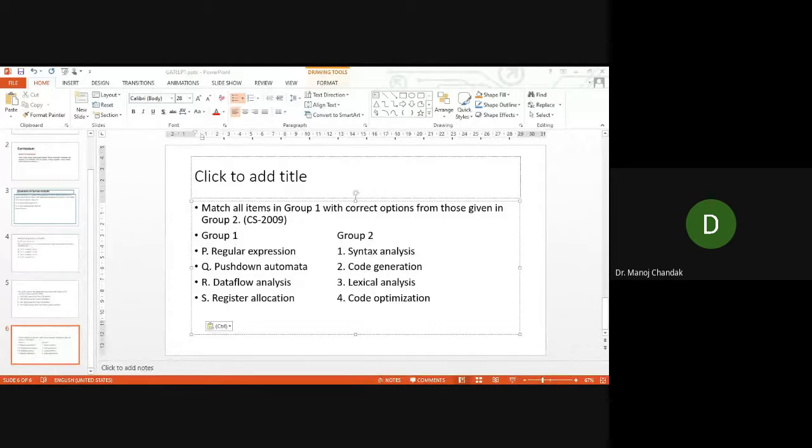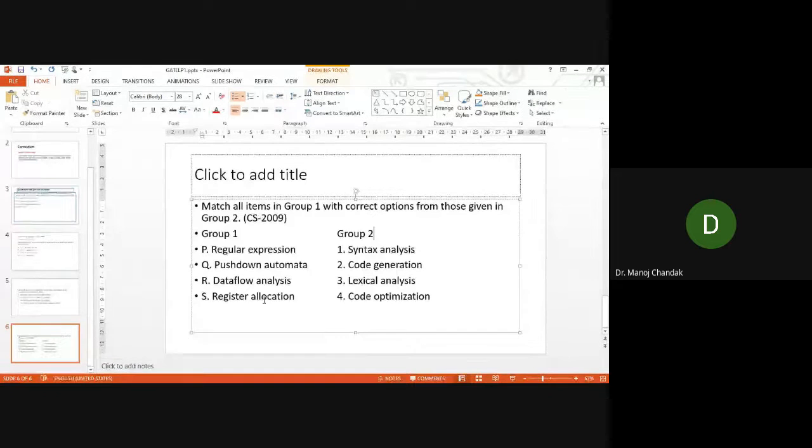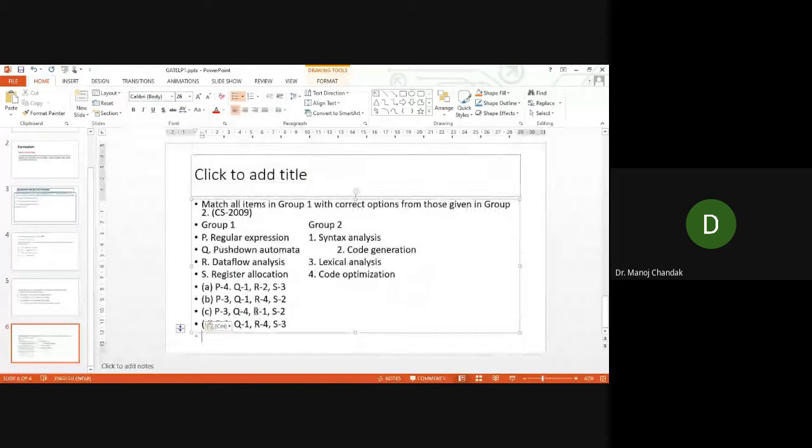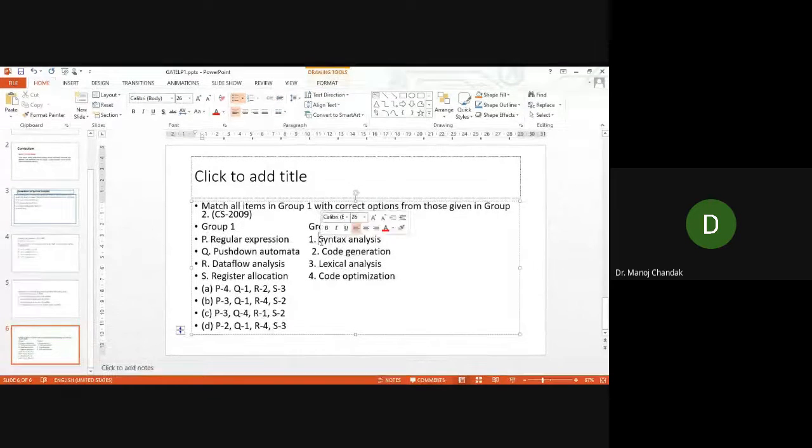Okay. So for this, you will get some choices like this. A, B, C, D. And you need to write down which choice is correct. So according to this, suppose I say regular expression, it is 3, pushdown automata, it is 1, okay, correct.